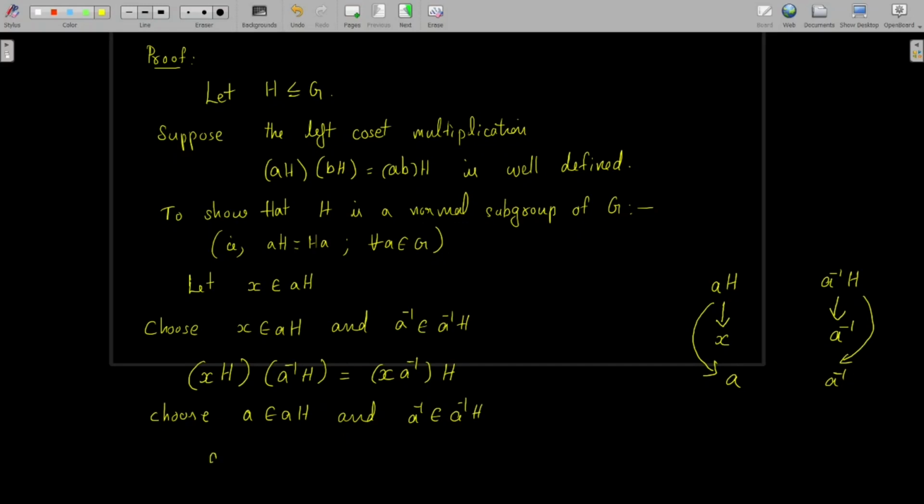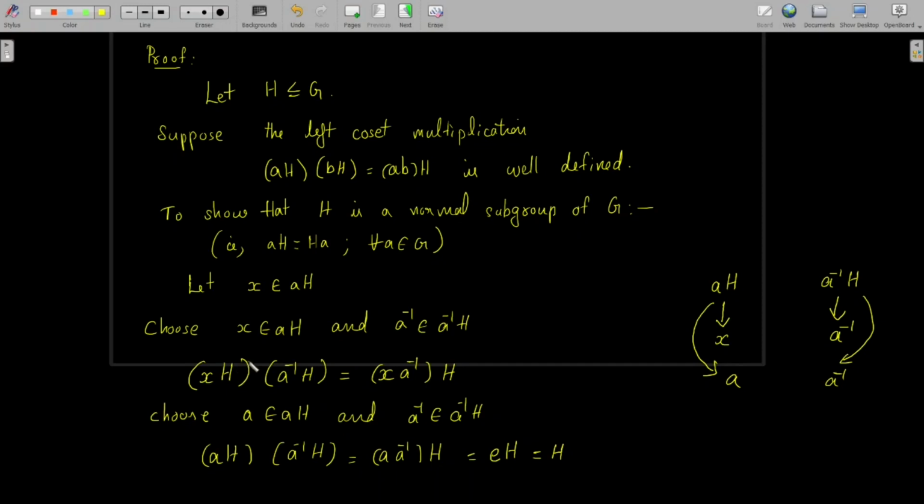That is, we multiply aH times a inverse H. This is equal to a a inverse H, and a times a inverse is actually the identity element e. So this is eH and eH is actually equal to H. Here we are operating the identity element e with each of the elements of H, so we will get the elements of H itself. So eH equals H itself.